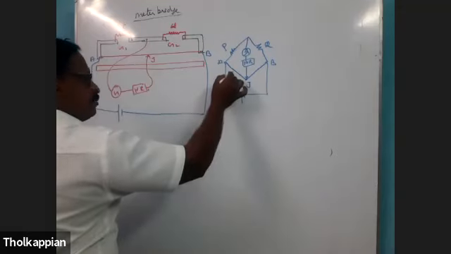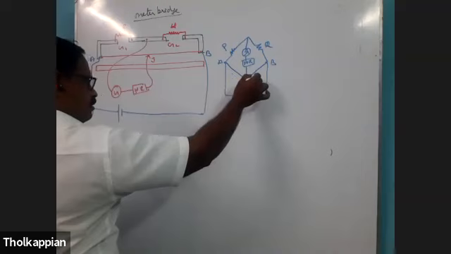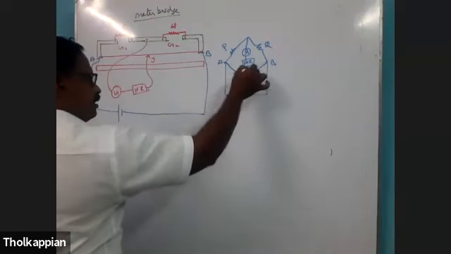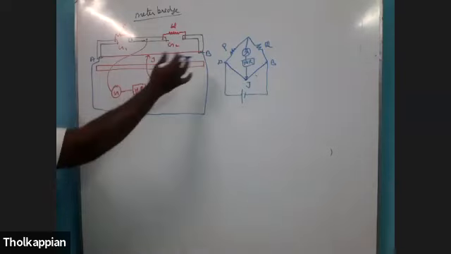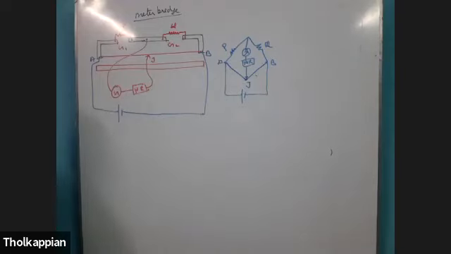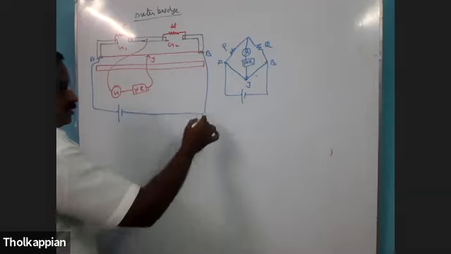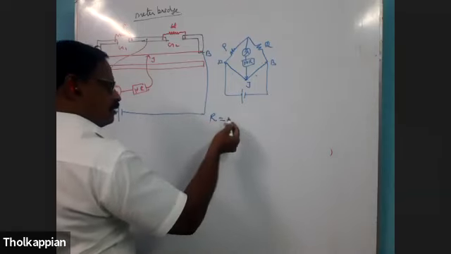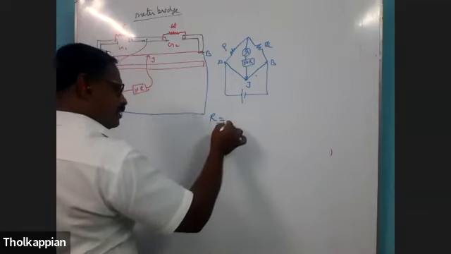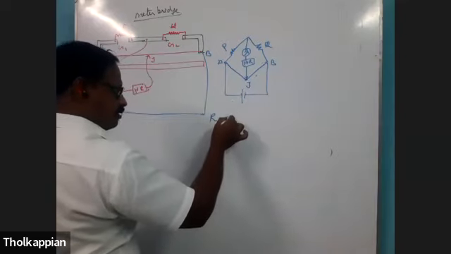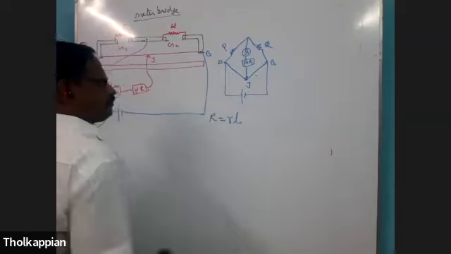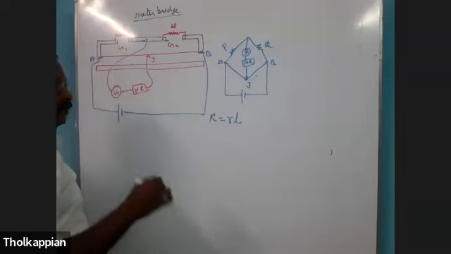So here may be some resistance, here may be some resistance. But on both sides, the wire also has resistance. That is, the AB wire also has resistance. What is resistance? Resistance is equal to resistivity into length. Here we consider resistivity as R, and length as L1. Why?